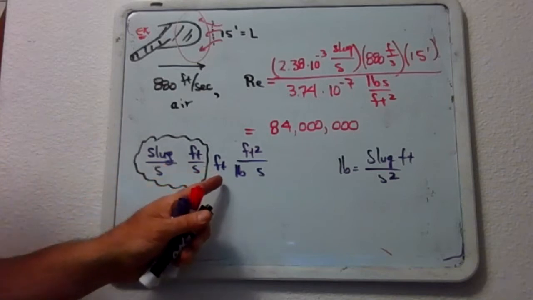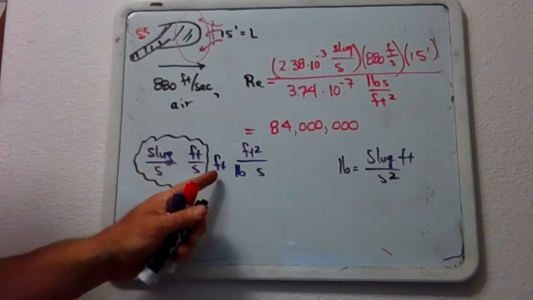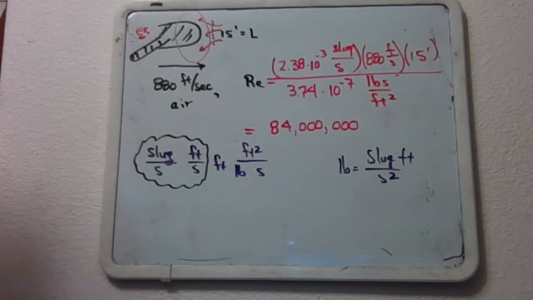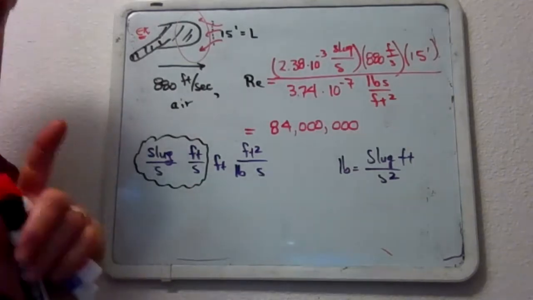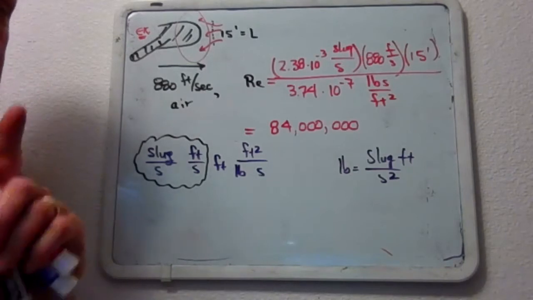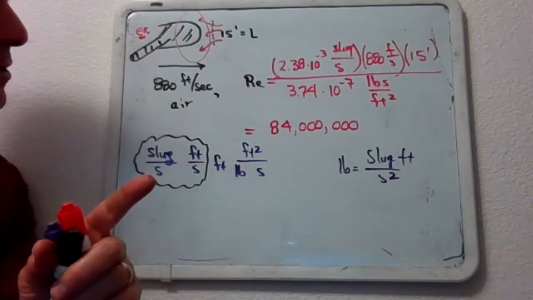Hey, you guys, I'm sorry. I'm not sure what I'm doing wrong. I'm going to stare at it for another minute. Turns out all the units are supposed to cancel out if we do this correctly.